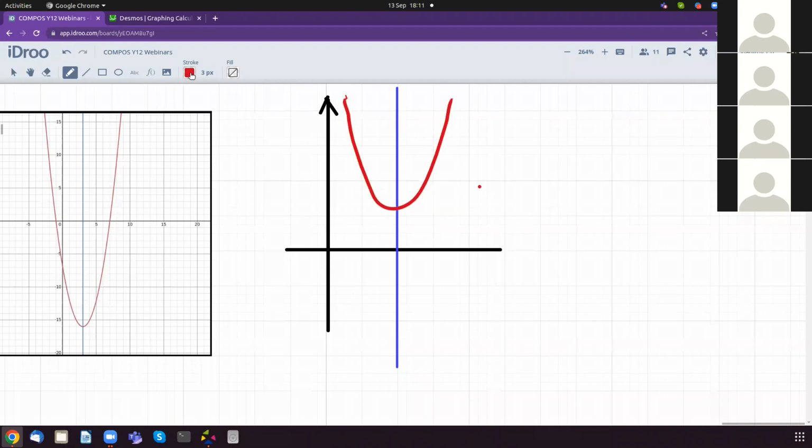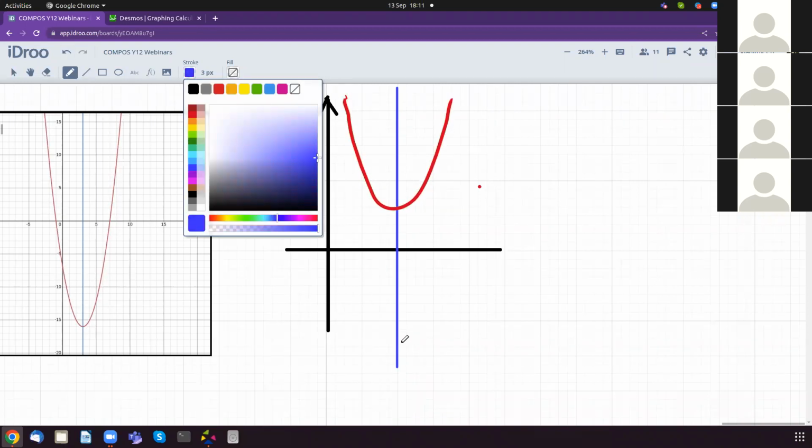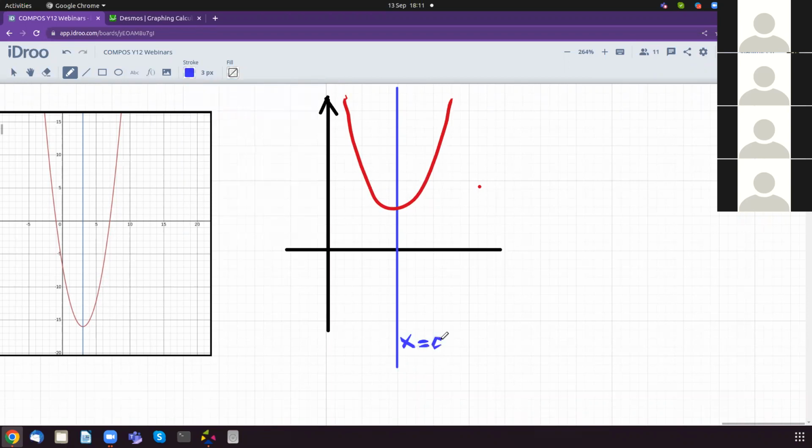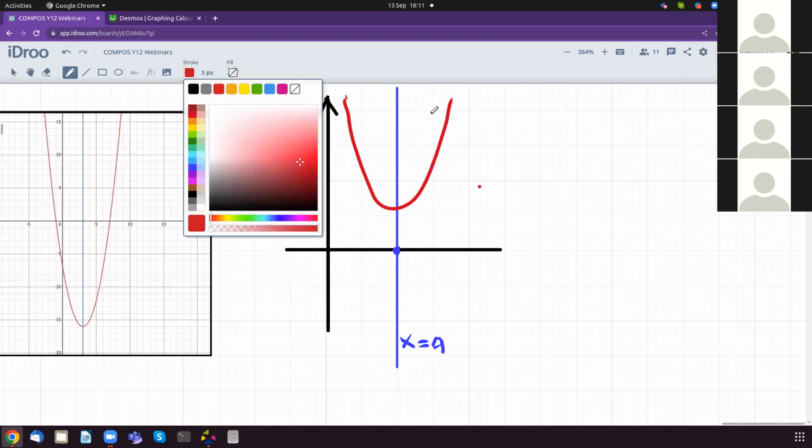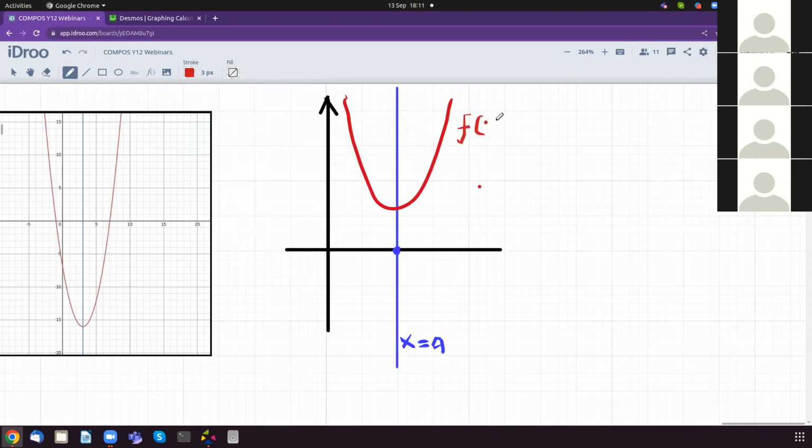So you need to prove that x equals a, this one, is the line of symmetry for this graph. And this graph is f of x. Well, if this point is a, let's make a small step to the right. And this point is going to be a plus x. So we've made a small, x-sized step to the right.